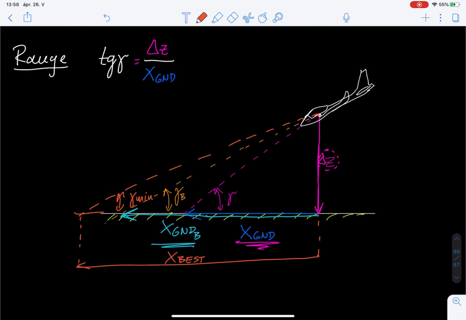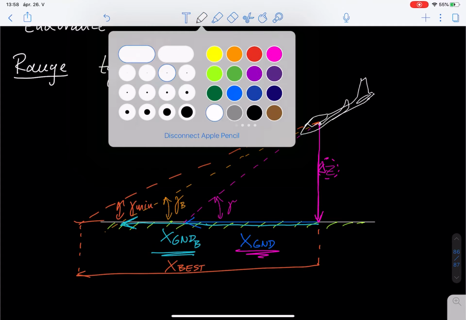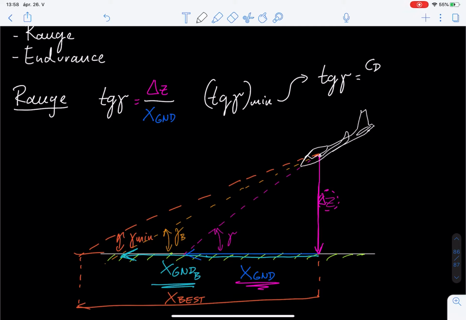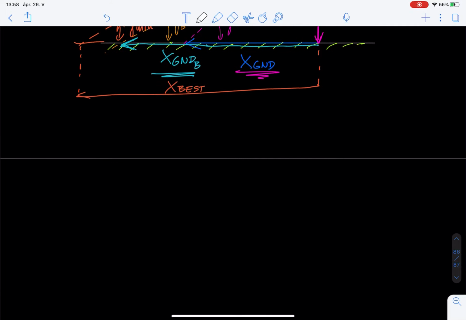So what we're looking for is basically to minimize this angle. We're going to be looking for the minimum of the tangent gamma. So where that occurs, if we remember from the previous discussion, is that the tangent of the flight path angle was the drag coefficient over the lift coefficient. So therefore, I'll continue this a little bit lower.